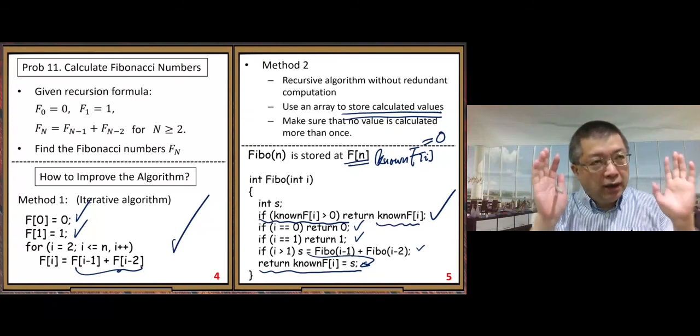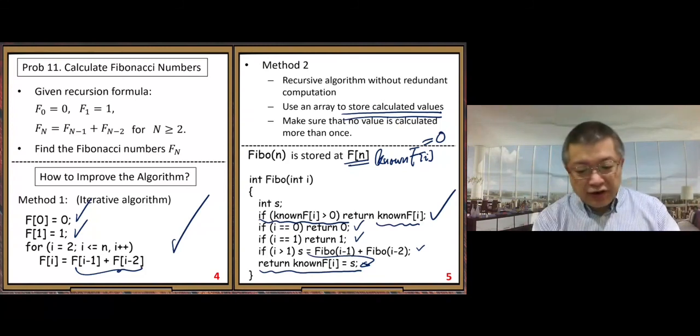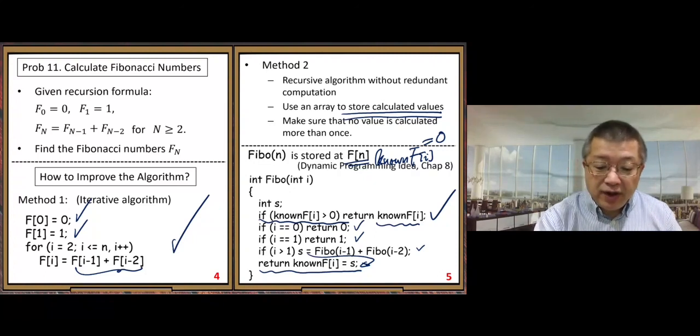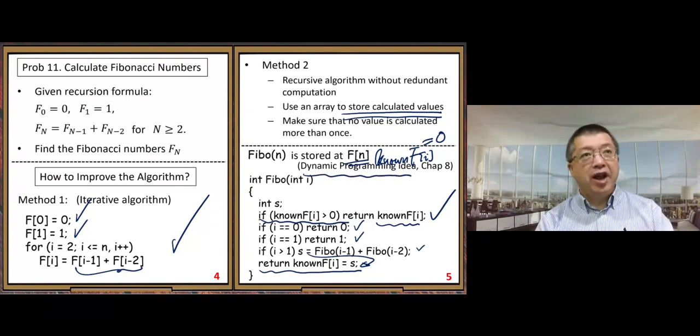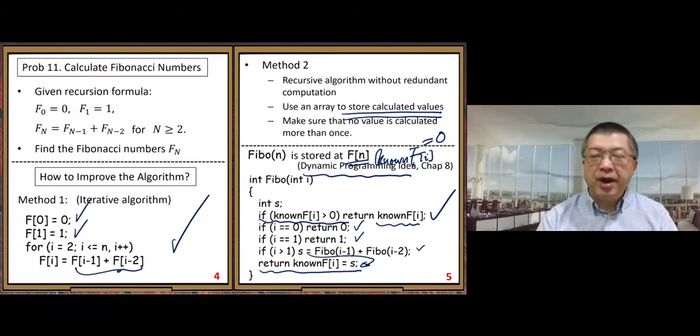All right, a few comments. This smart method is a very important technique called dynamic programming. That's the dynamic programming idea. That's the topic of chapter 8. For this semester, I have a plan, so if it's possible, I may cover a little bit of dynamic programming.